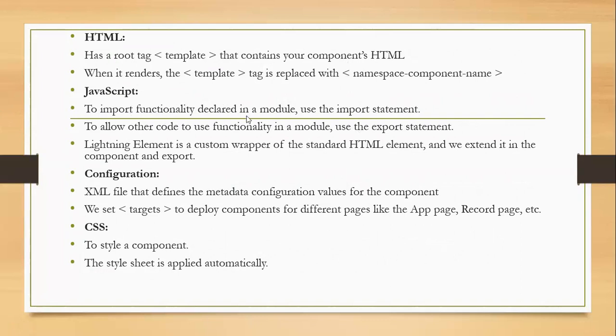The script imports the functionality declared in a module, using the import statement to allow you to reuse code. A module uses the export statement. The lightning element is a custom wrapper of the standard HTML element that we can extend in the component's export. The XML file defines the metadata configuration values of the component, where we set the target to deploy the component to different pages like app pages and record pages. The CSS file styles the component, and the styles are applied automatically.